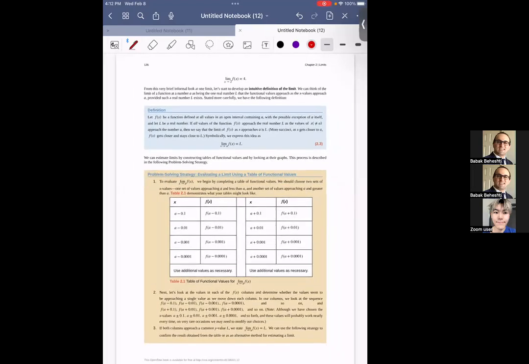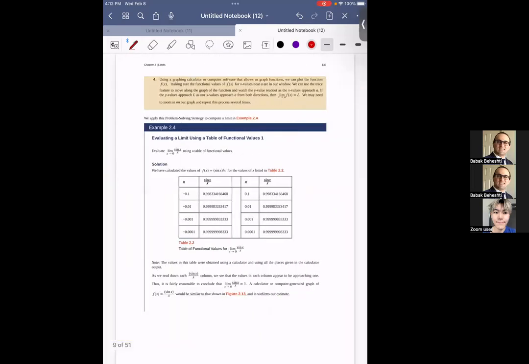And here is the table that we discussed last time. Sometimes you can use a table to find the limit. On one column, you put the values of x, and in the other column you put the f of x values, the y values.